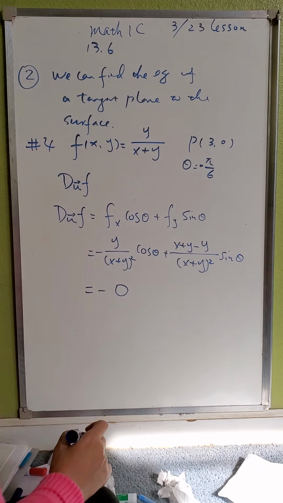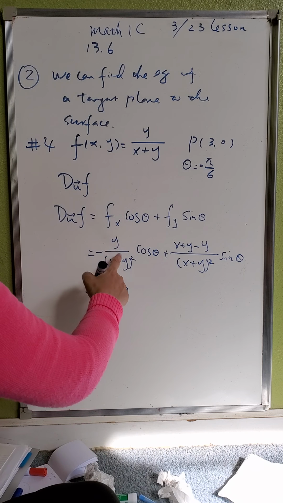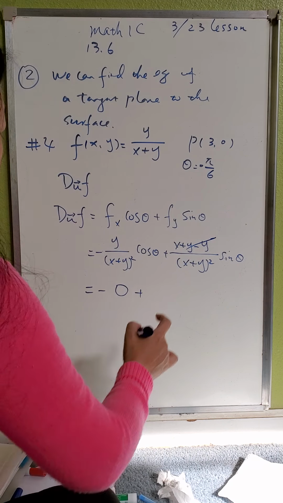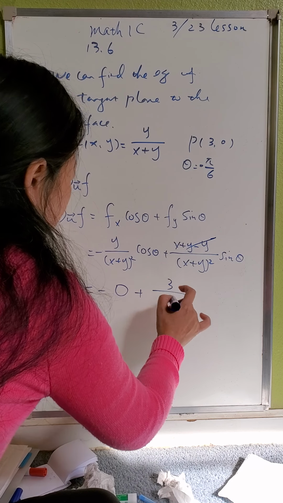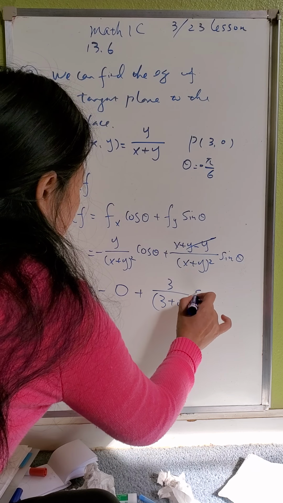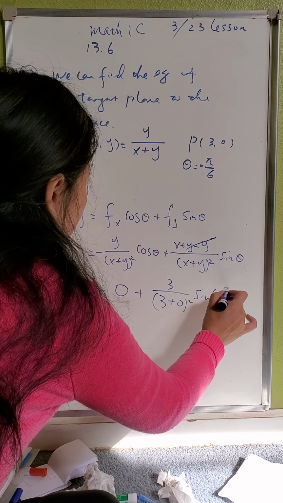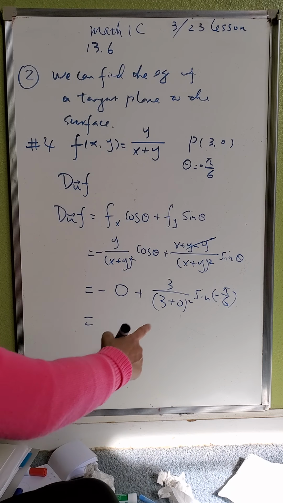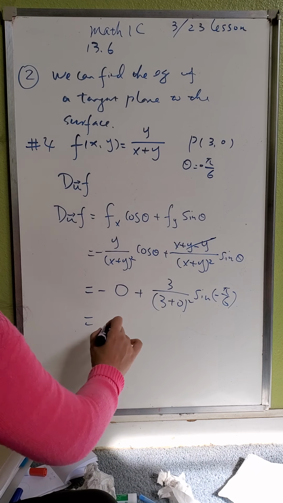So this whole thing is a 0, which is nice because 0 times anything is 0. Plus, these two cancel. x goes inside as 3, so x equals 3, plus 0 squared, and sine of negative pi over 6. Let's see, that will be 3 squared, so that's a 1 over 3.